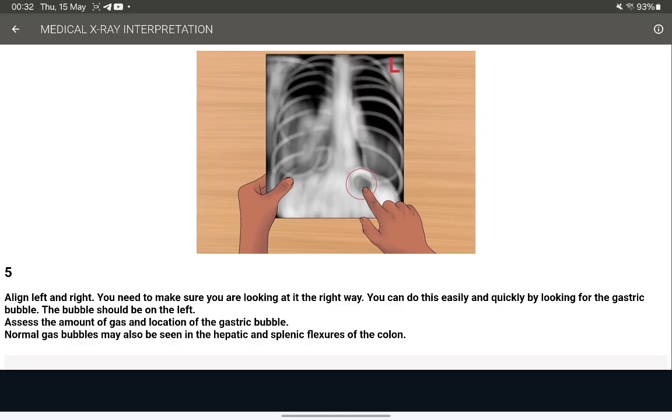Gastric bubble means the presence of air in the fundus of the stomach, which is a normal finding. The bubble should be on the left. Assess the amount of gas and the location of the gastric bubble.